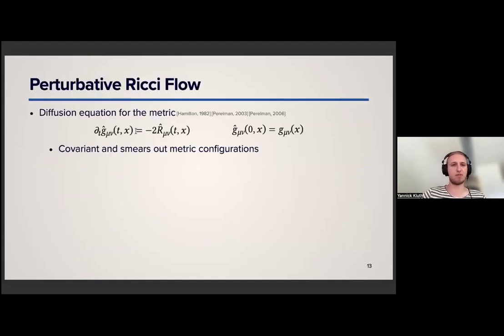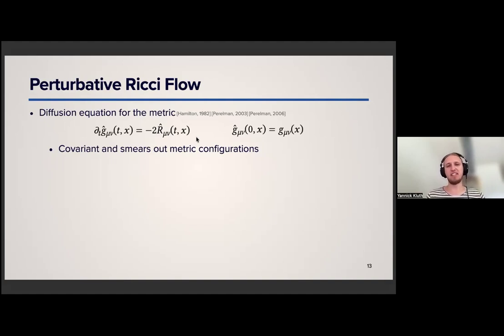To get started, when we start with the analogy from QCD, the analogue of the gradient flow diffusion equation is now something like the Ricci flow, which was first introduced by Hamilton in the 80s and then used by Perelman 20 years later to prove the Poincare conjecture.